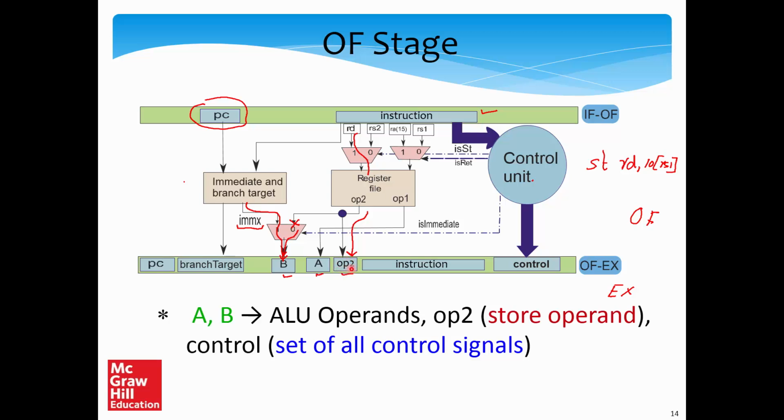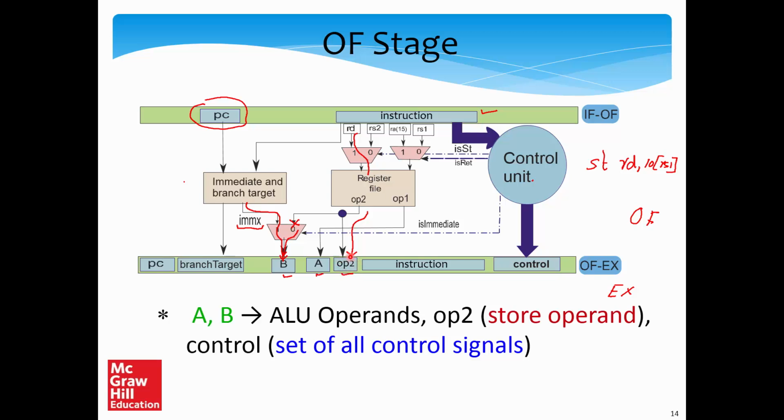So recall that we made a special exception for a store instruction because we didn't want to add an extra instruction format. So that's the reason we store the immediate in B, we store the source register in A for a store, and we store the register RD, which actually contains the data that needs to be stored, in OP2. Right?